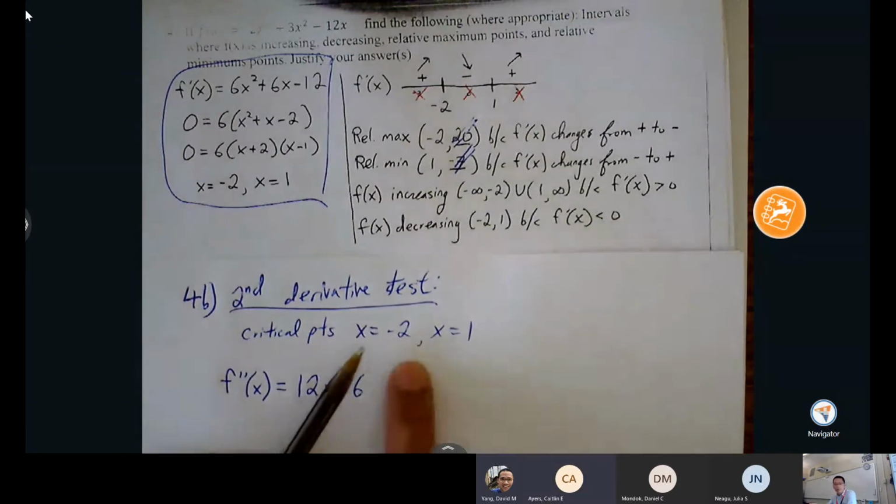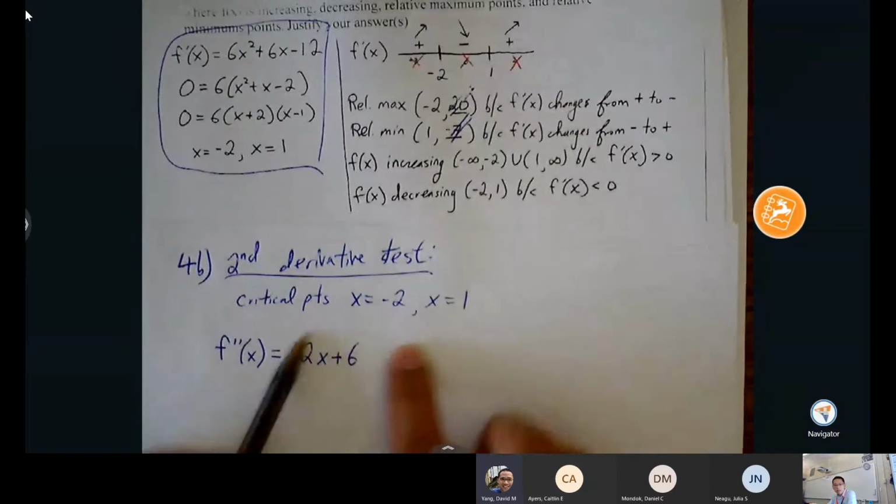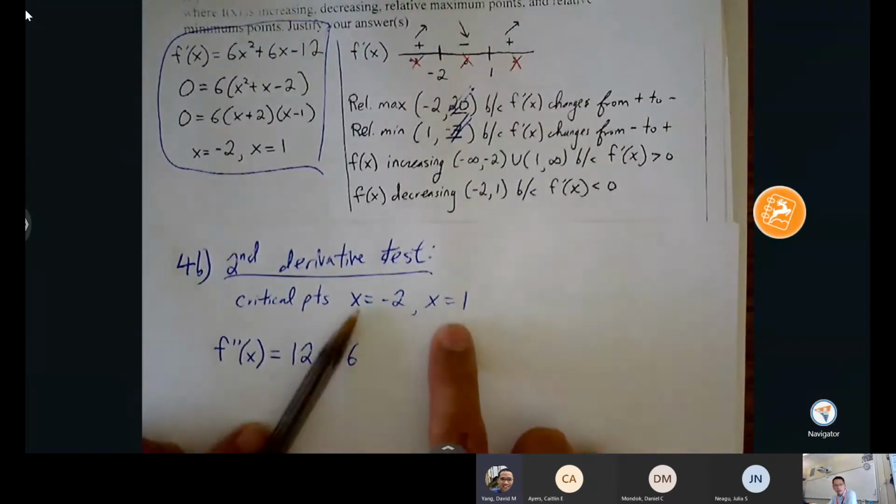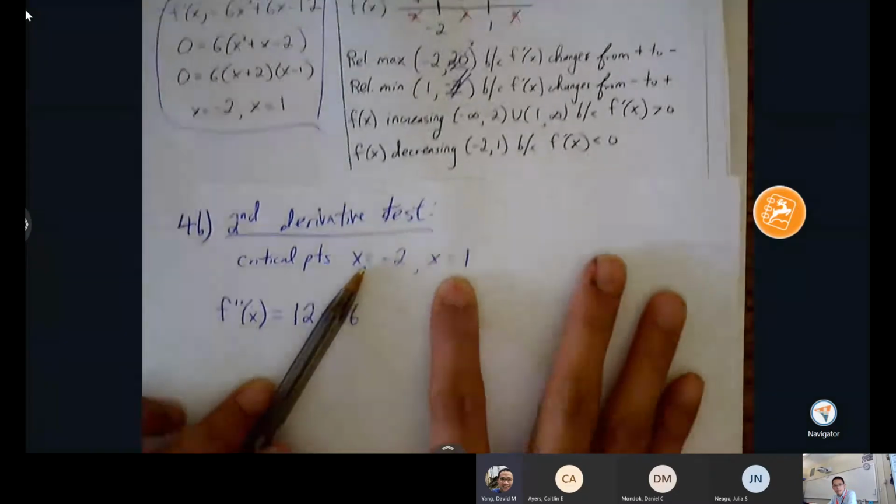Okay, and then we can take our critical points and put them into f double prime, right? And that should also help confirm whether these are max and mins.